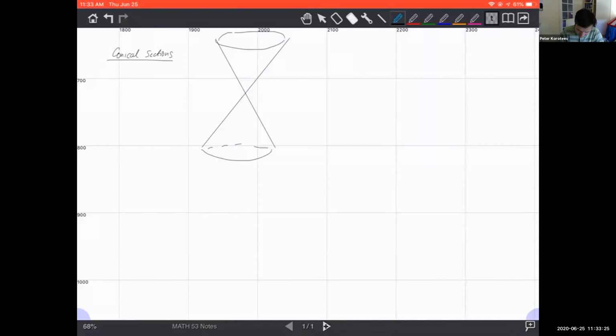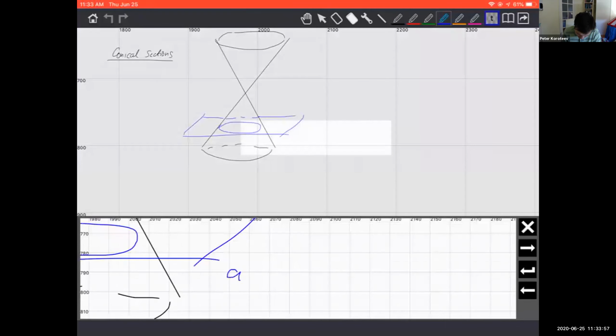Now we can slice this shape with planes at various angles. We're absolutely free to pick a plane in any way possible. One way to do it is to take a plane and slice it horizontally, and then in the cross section there will be a circle. So that gives us a circle.